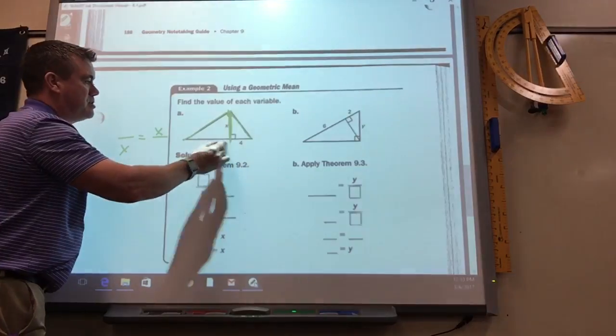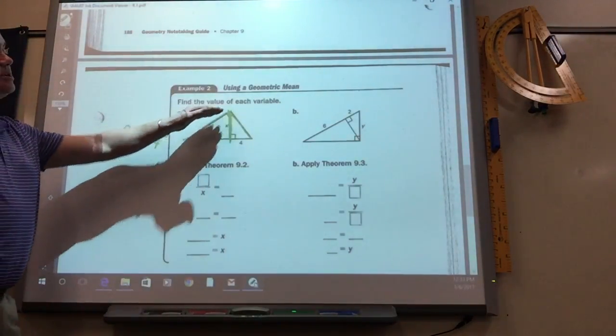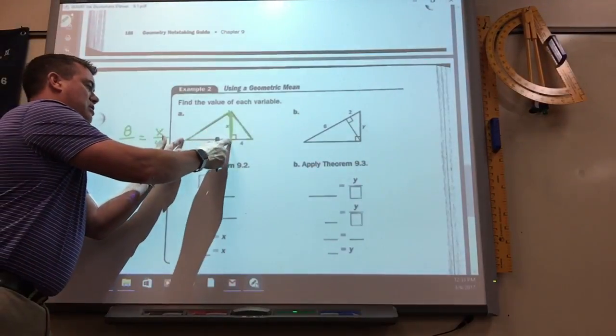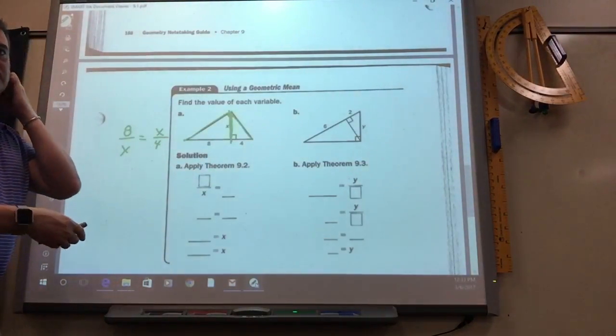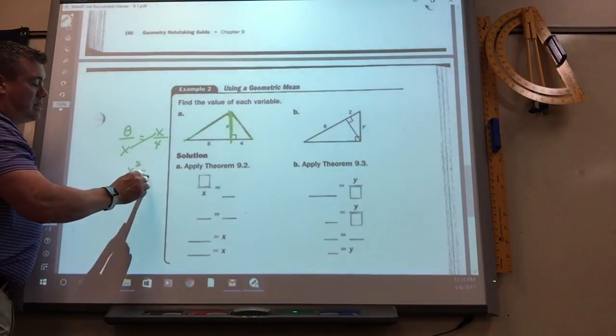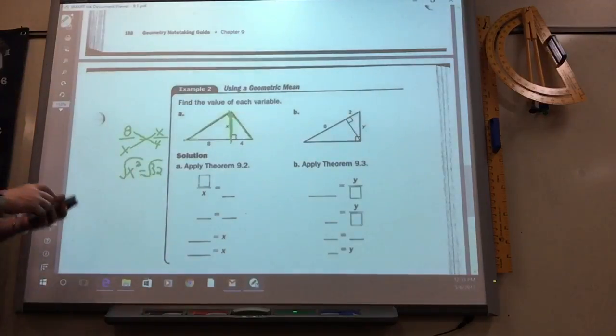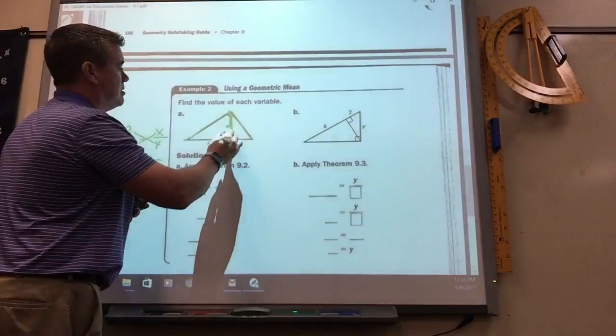And then when it's this piece, you use each part, 8 and 4. When it's one of these outside ones, you use the part hooked to it over the entire length. So this is x times x, x squared equals 8 times 4. So I got to square root it, and that's 5.7.